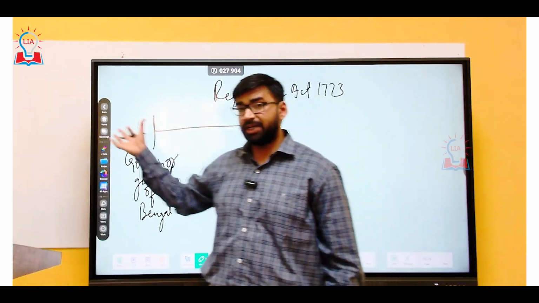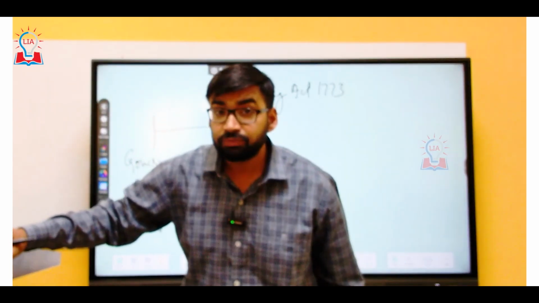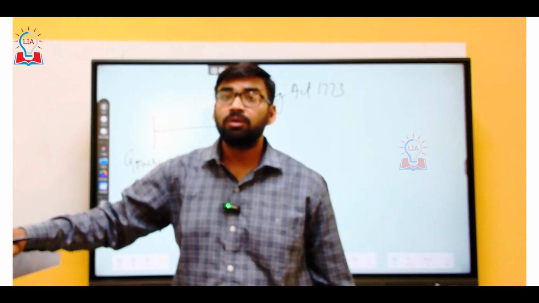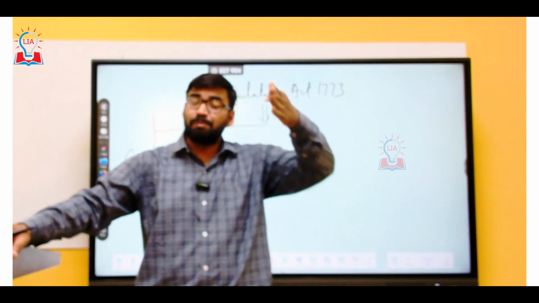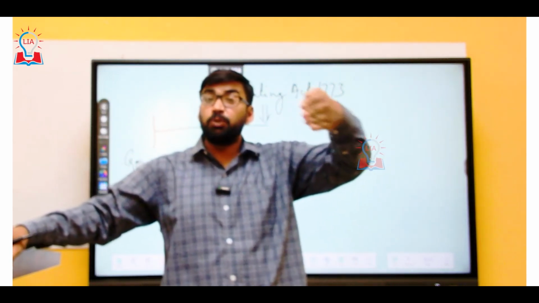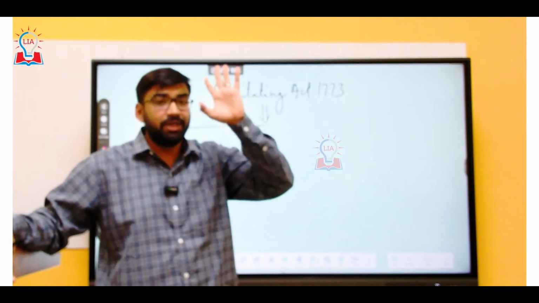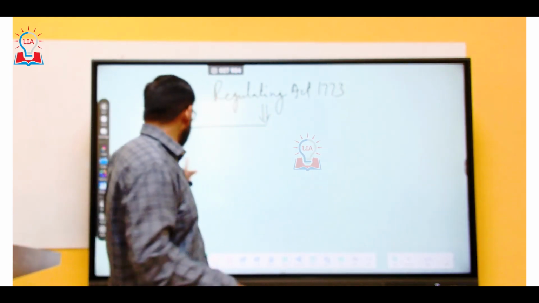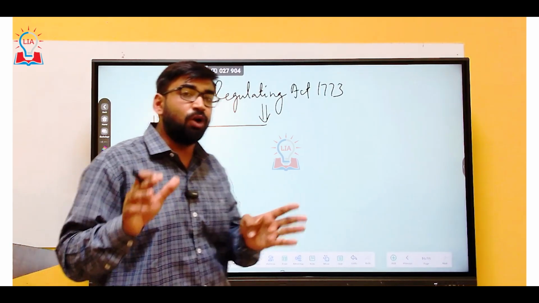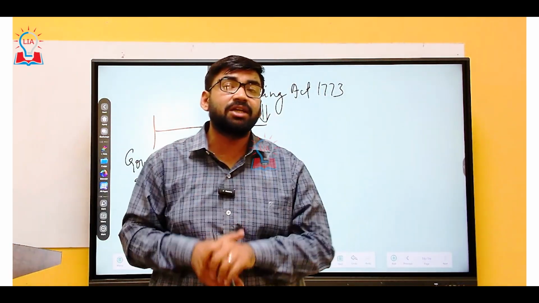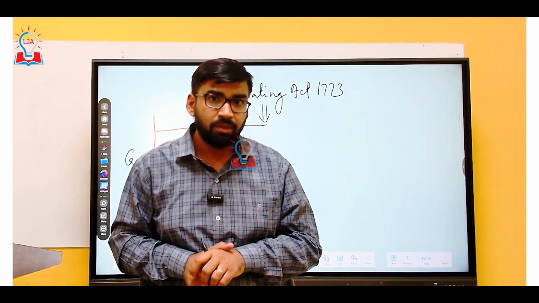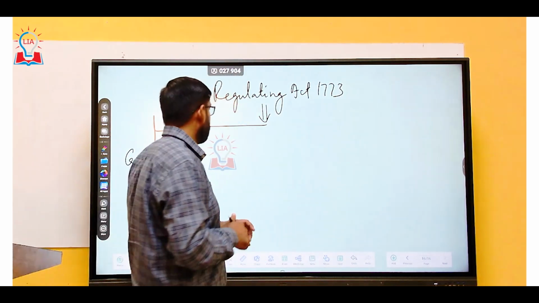This was the political achievement of Bengal. As Bengal was shifted into a political power, because here the governor of Bengal was designated as Governor General of Bengal. Getting my point?